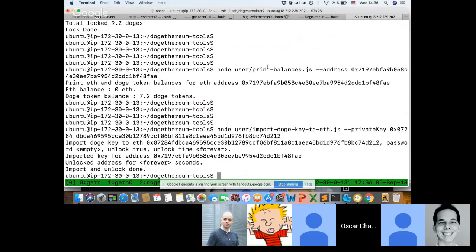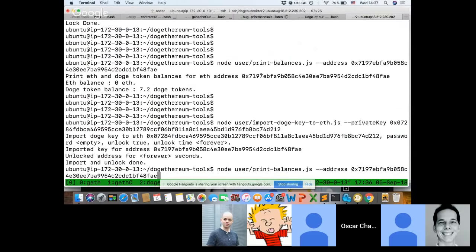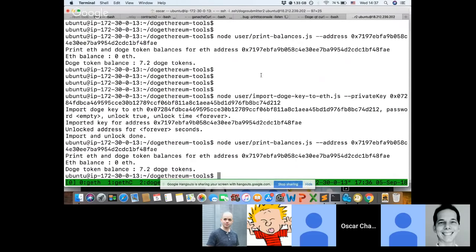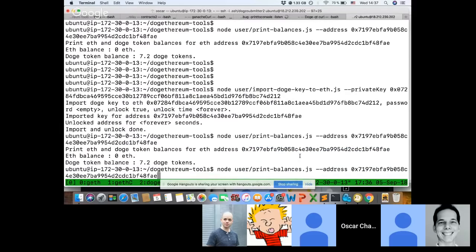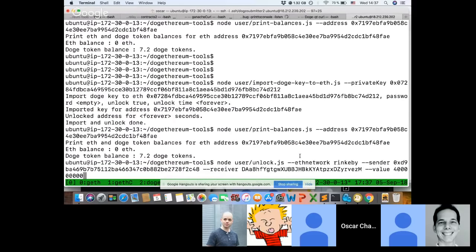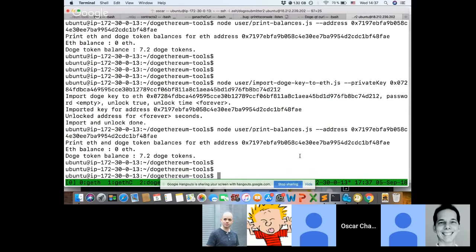So now, well, you saw that I have 0 Ether on that account, and I need some Ether on that account to be able to send transactions. So I will send some Ether just to be able to pay for gas from that account. This is not what I intended. One second.